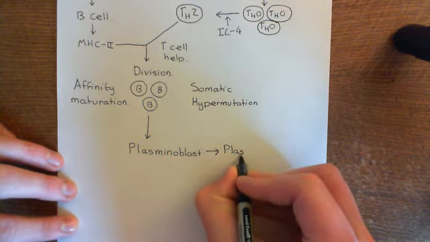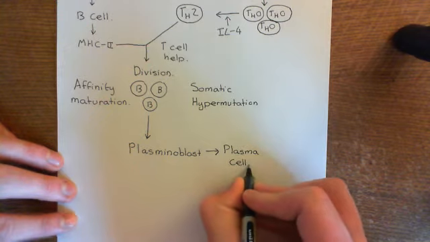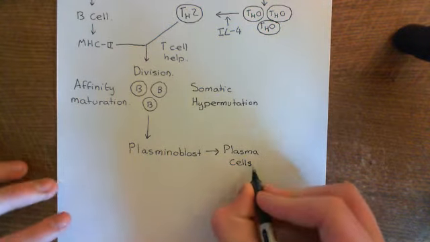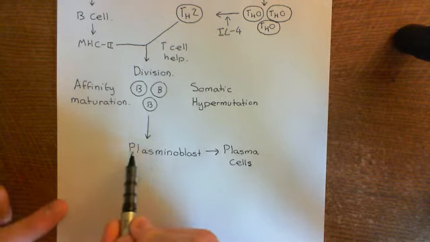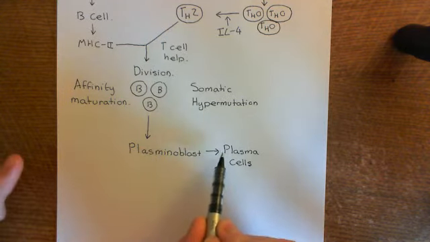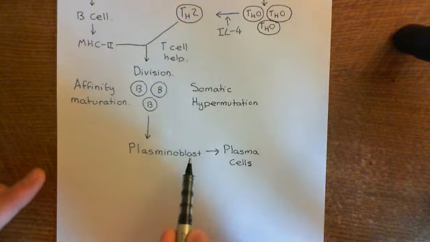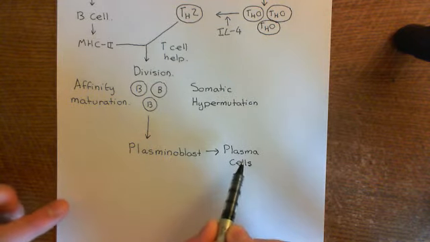Now these plasma cells are finally terminally differentiated cells. Okay, and they will go into the bloodstream, because one B cell will become one plasmablast. The plasmablast will divide and divide and divide to produce a whole population of identical plasmablasts, which all have the exact same B cell receptor, and then they'll all differentiate into plasma cells.